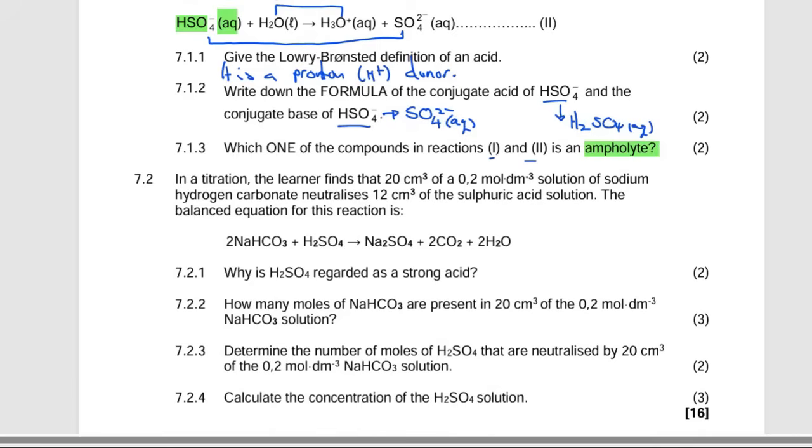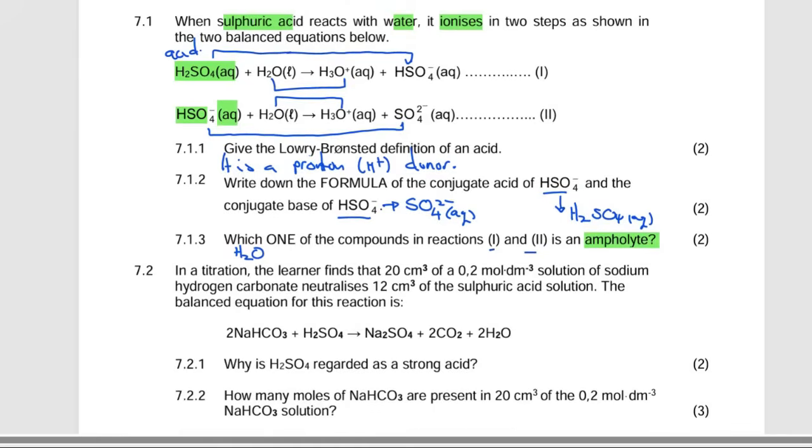So in terms of this here, we have got our water. So I'm going to say our ampholyte there is going to be our H2O. So I'm going to stick with water, which is our H2O. So which one of the compounds in reaction 1 and 2? In reaction 1, the ampholyte is going to be our HSO4 negative.